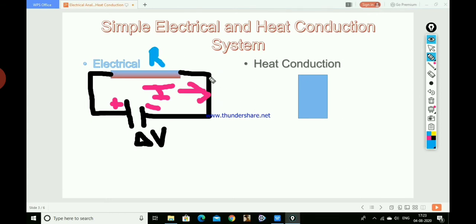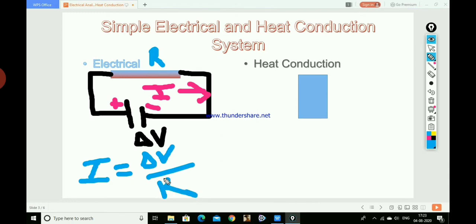Now for that current and resistance R, we have current I equals delta V divided by R. Okay, so it is a standard formula. So I equals delta V by R in the simple case. Now in a heat conduction system, let us say we are having one slab. Now that slab is kept at two temperatures.